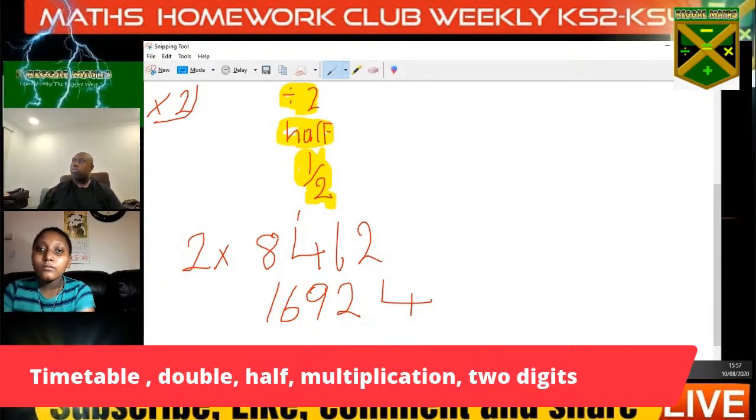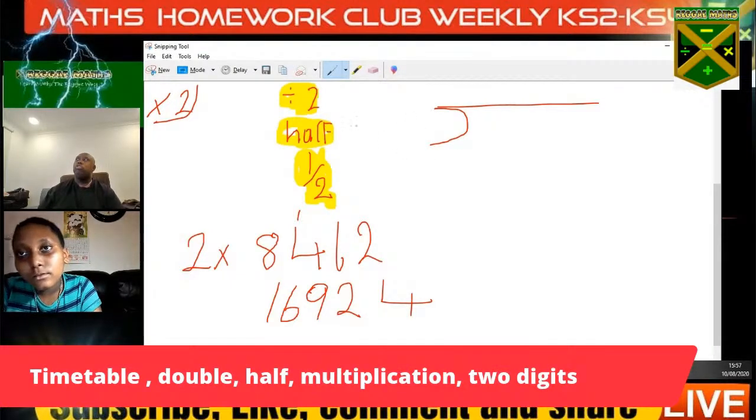Now, I'm going to show you something else. This is known as the bus stop method. So I'm going to do short division with you. I'm bringing in another skill here straight away.